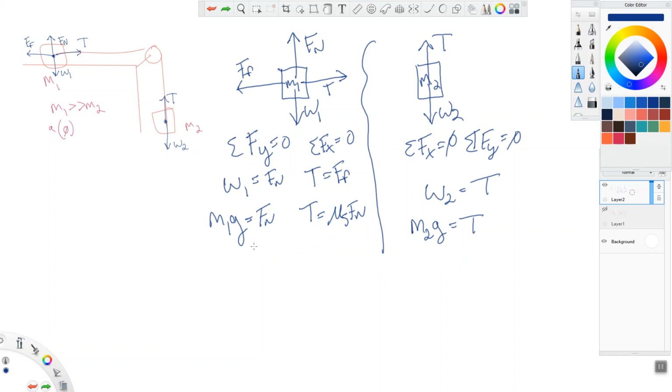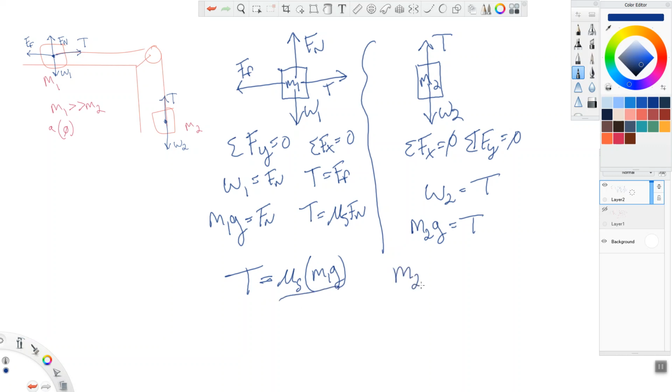So over here, if I plug this first equation into the second one, you get tension of your object equals mu sub s times m1g. I can then plug this on over here.